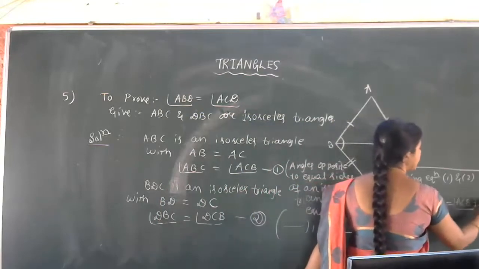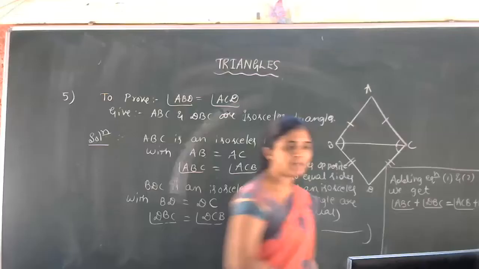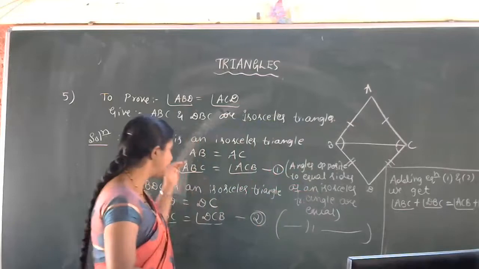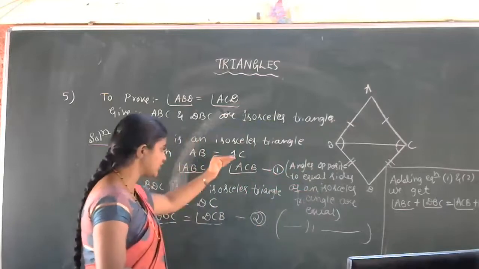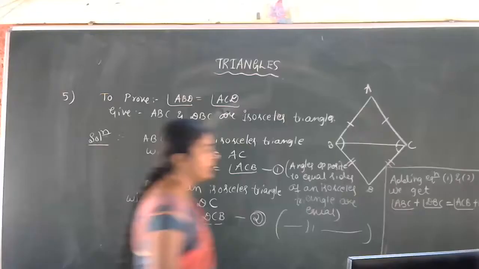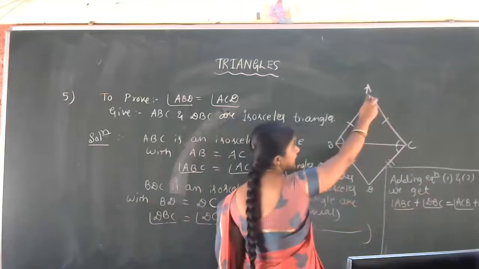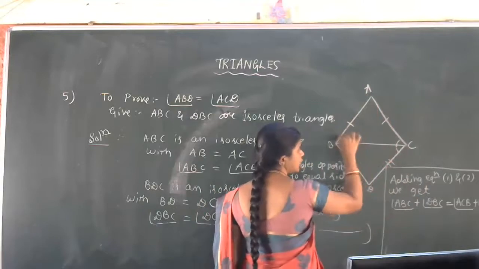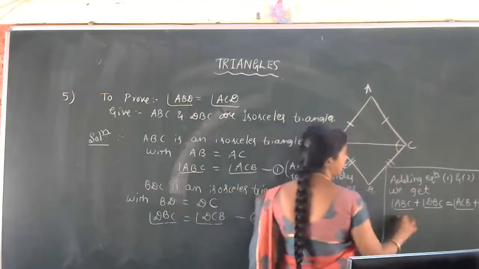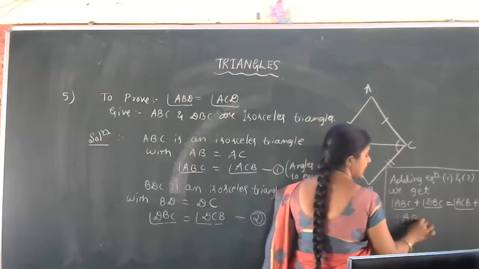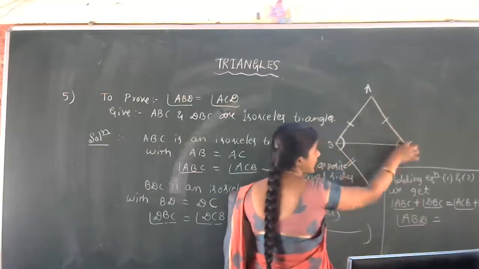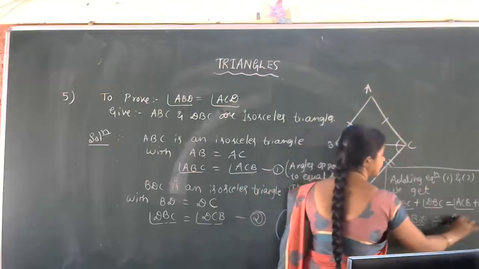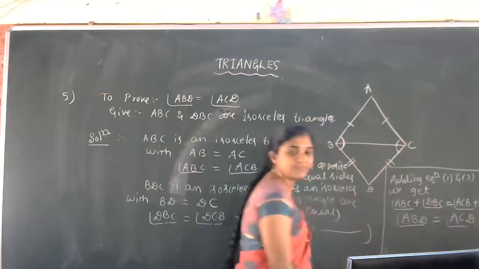ABC is an isosceles triangle with AB equal to AC. Since AB is equal to AC, angles opposite to equal sides are equal. Then angle ABC is equal to angle ACB.